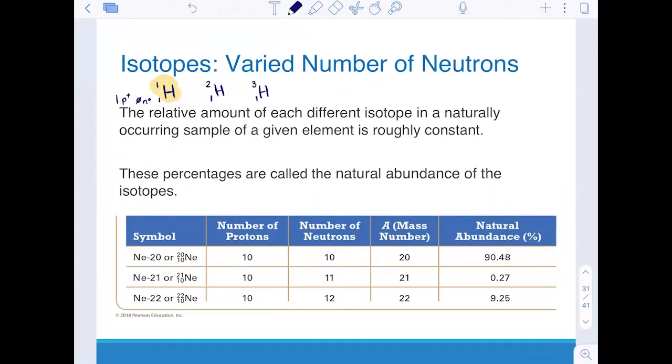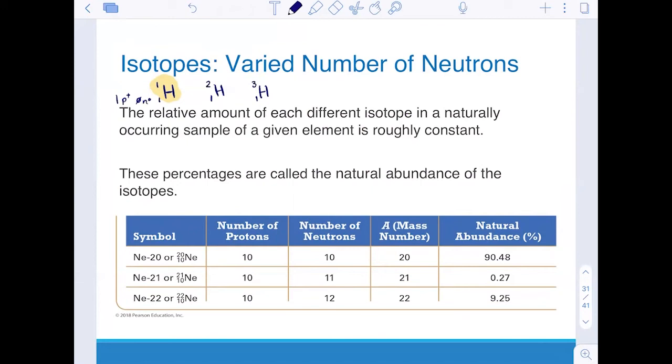Now, what's interesting about hydrogen, the most abundant hydrogen that we see is H1. H2 is deuterium, H3 is tritium. Tritium is actually radioactive. Pretty crazy. So it's not abundant in nature, but it does exist.